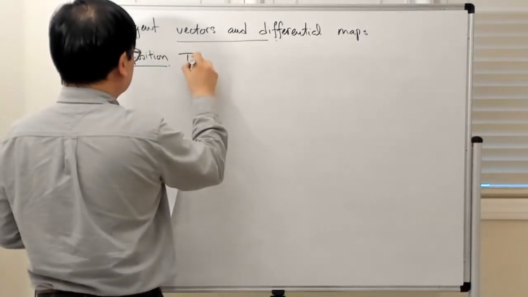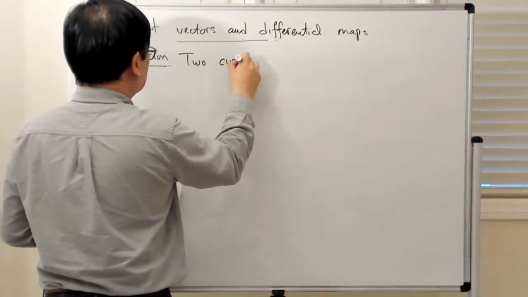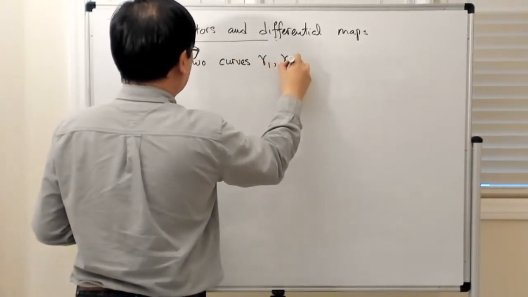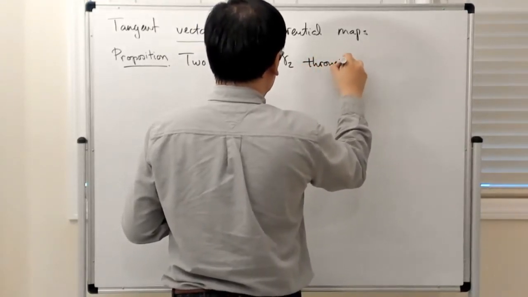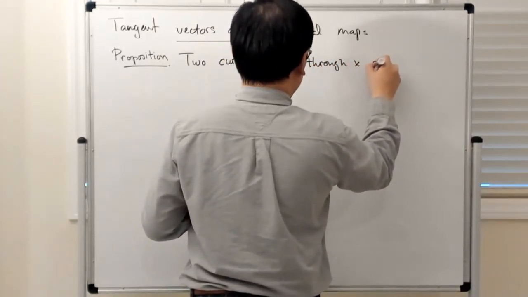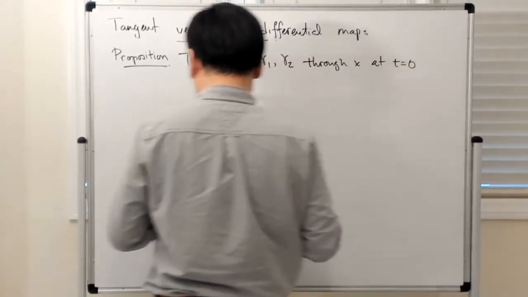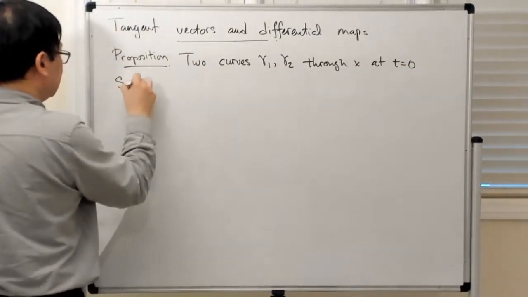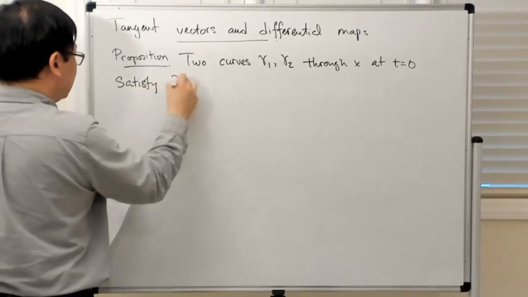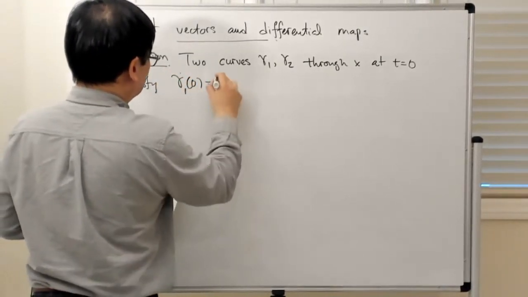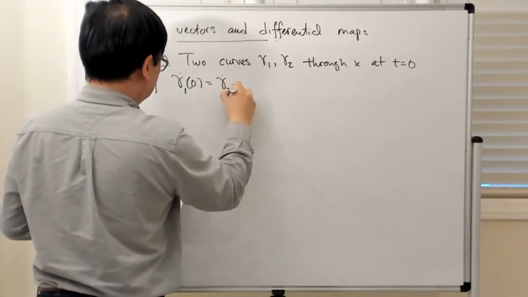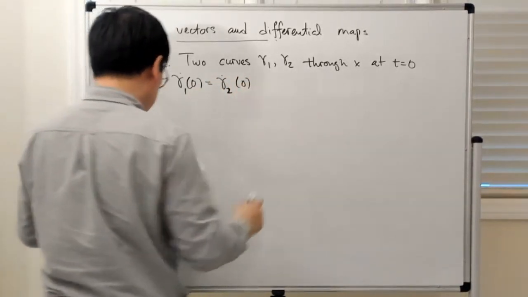Okay, so two curves, let's say gamma 1 and gamma 2, through x at t equals 0 satisfy the condition that gamma 1 dot of 0 is equal to gamma 2 dot of 0, right?